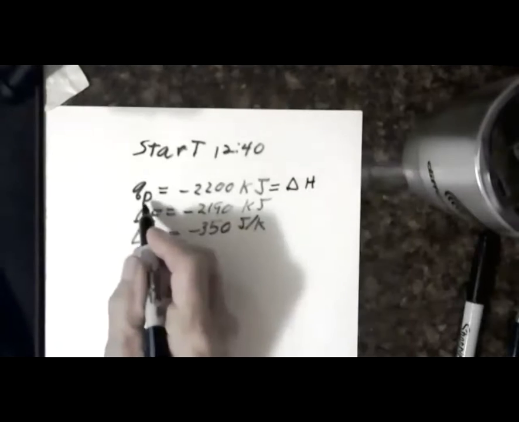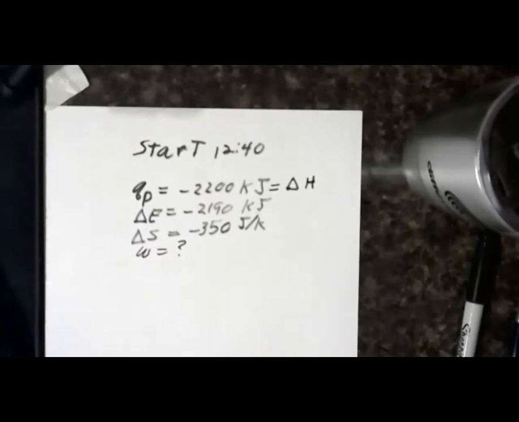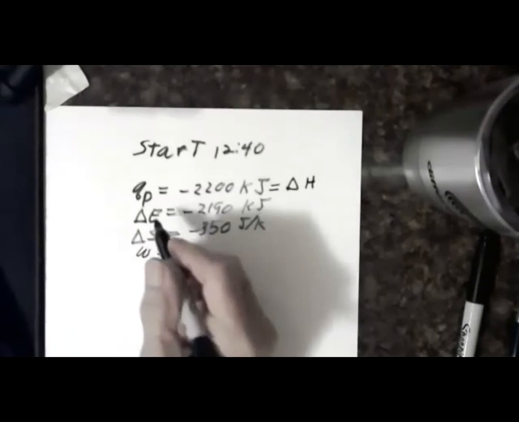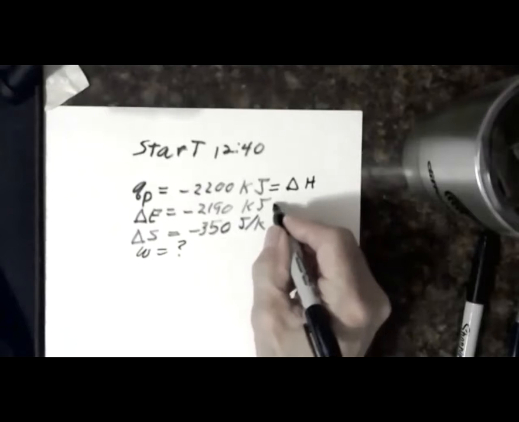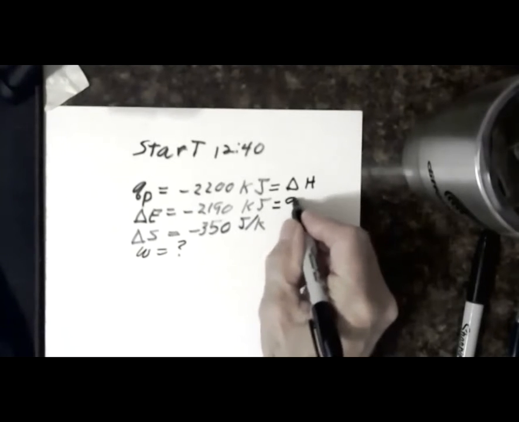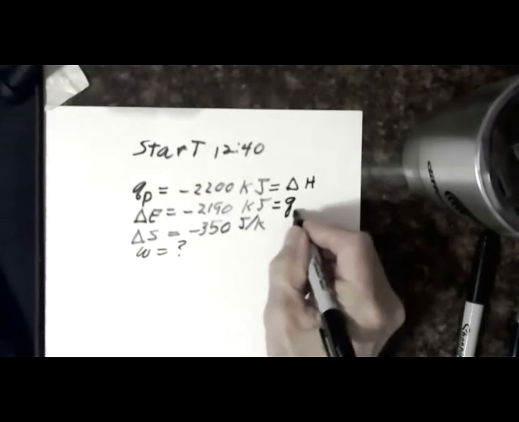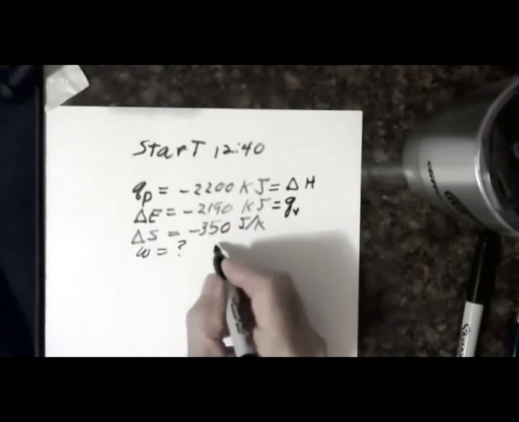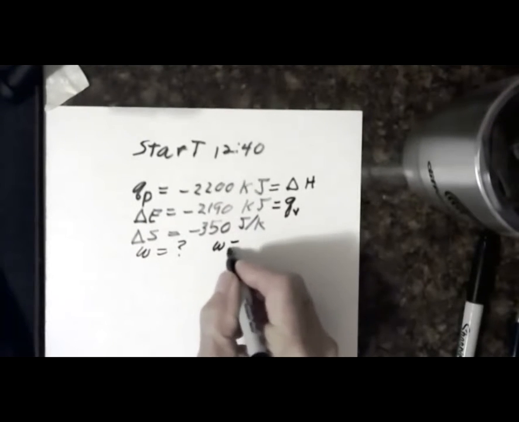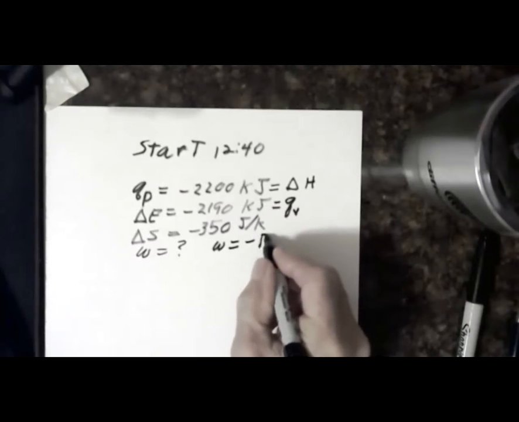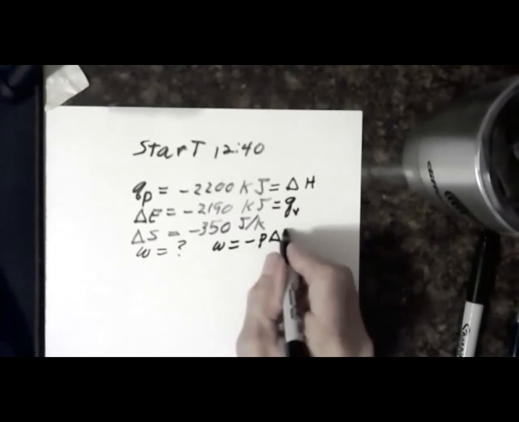The heat flow at constant pressure is delta H. Now, delta E is also the heat flow when the volume is held constant. So those relationships hold. And work is defined as minus P delta V.